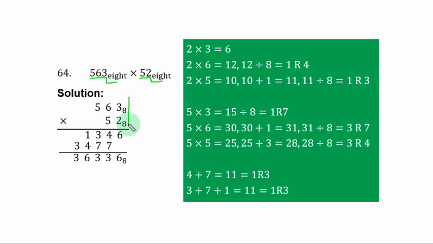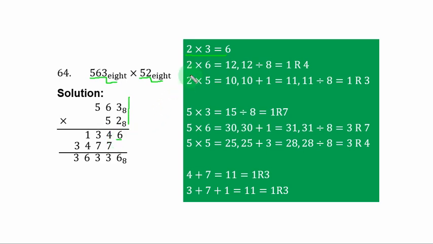Remember, what you are doing is in base 8, so you have 2 times 3 equal to 6. 6 is one of the digits in base 8, so you write 6 down.